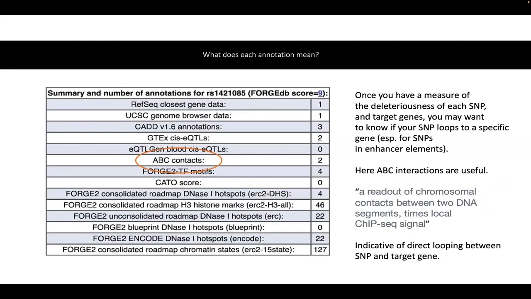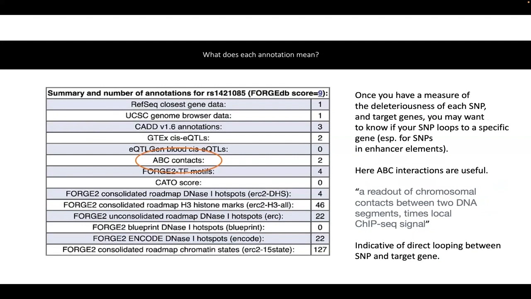And so EQTL information is good, but you may have cis or trans-EQTL, so we need to have more layers, okay, to really know what a particular SNP is doing. And so this is why we added ABC interaction data. So we have to think of ABC as a little bit like Hi-C data. So it's basically Hi-C data that's being merged with ChIP-seq data for signal intensity of ChIP-seq.